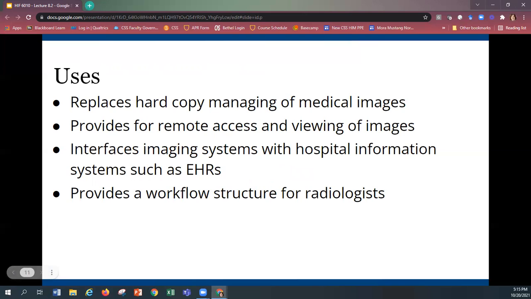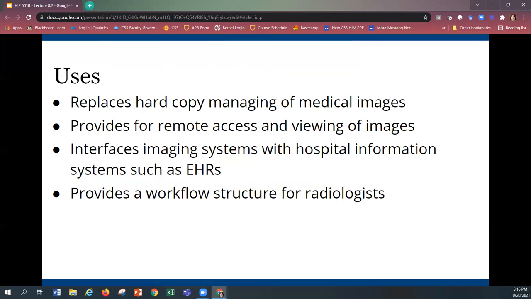PACS has at least 4 important uses that have driven standardization within the medical imaging community. PACS replaces hard copy managing of medical images with soft copy images that are easier to access and reference. PACS provides for remote access and viewing of images. Such capabilities can expedite care and support teleservice solutions, as we definitely have seen over the last couple years with COVID, right?